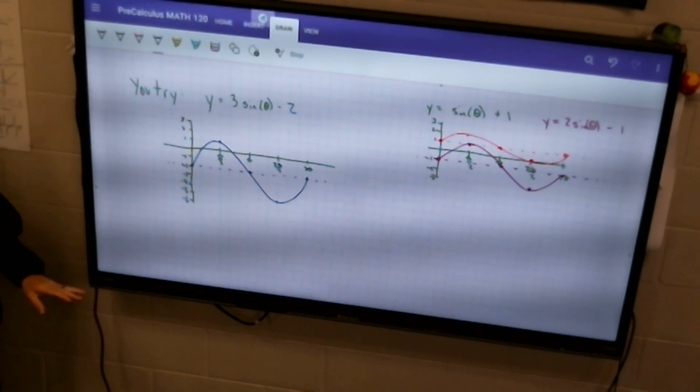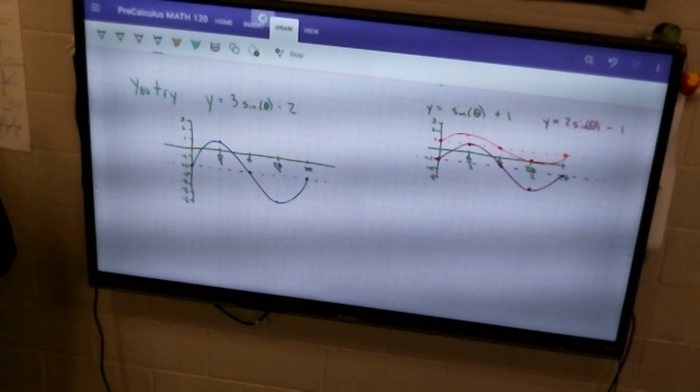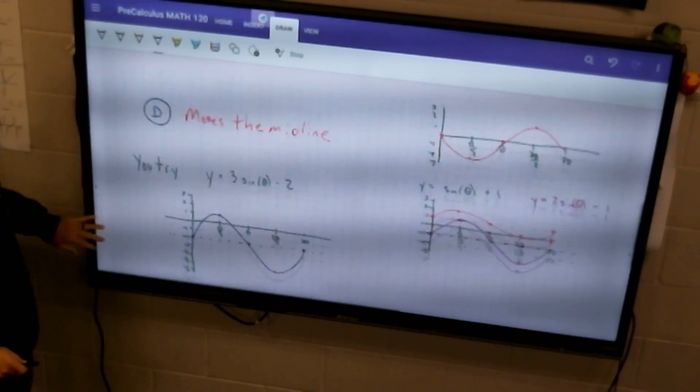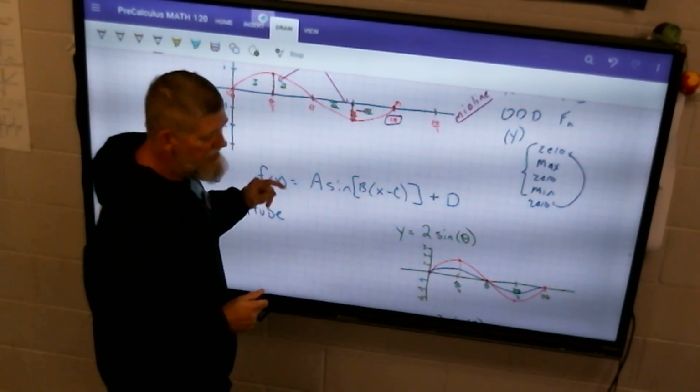So that's going to take a little bit of getting used to, but realize that's just the vertical stuff. That's just a vertical shift down, vertical shift up, and then of course the vertical stretch or compression. At the last point, are you supposed to go back to the midline? Back to the midline. Because I said 0, max, 0, min, 0, that's the parent function.